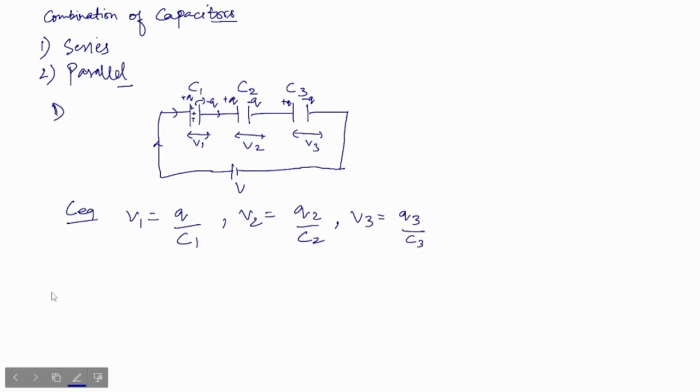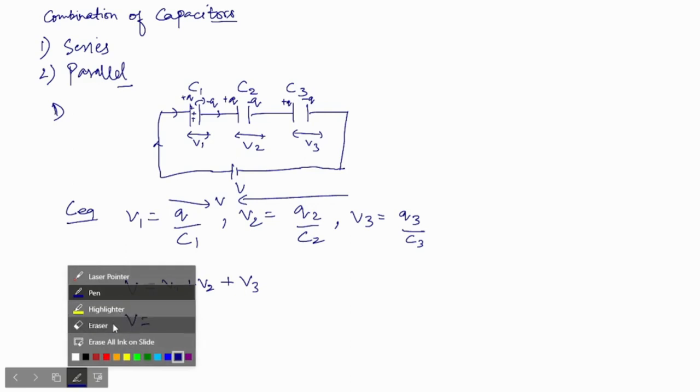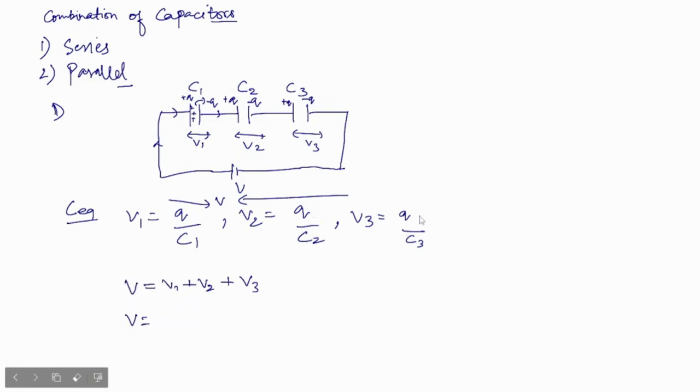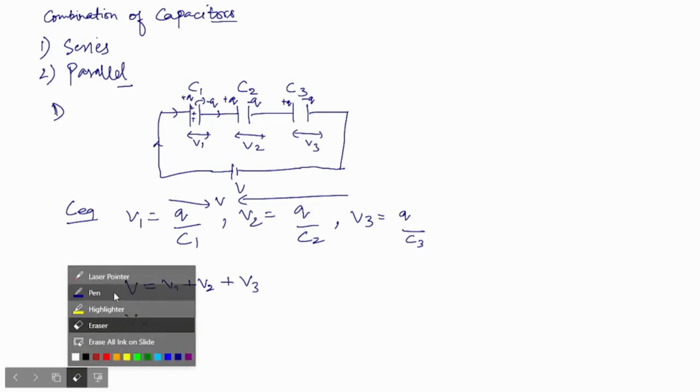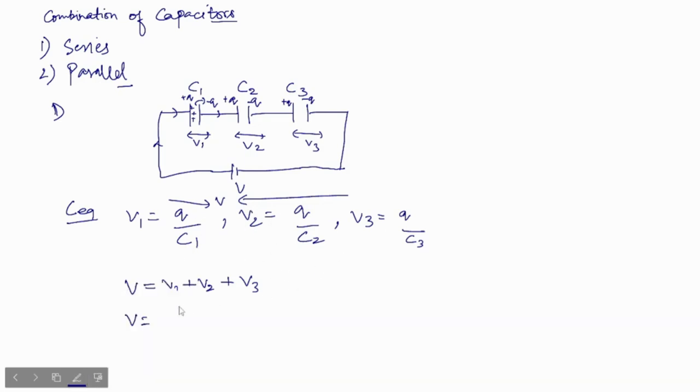Now you know that the net potential will be the summation of potentials. So V is equal to Q by C1 plus Q by C2 plus Q by C3. Taking Q as common, 1 by C1 plus 1 by C2 plus 1 by C3.